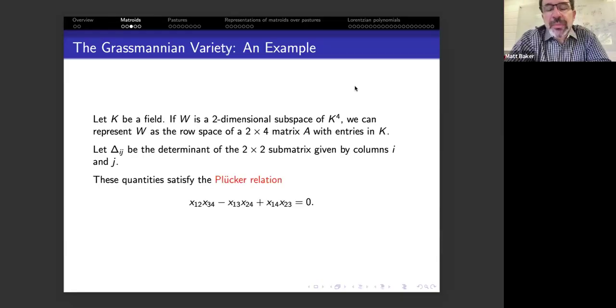And they're not independent. They satisfy a polynomial relation called the Plücker relation. And it looks like this in this case. Now, in general, there are many Plücker relations if you have an R-dimensional subspace of an N-dimensional space, but this is a good example to keep in mind.